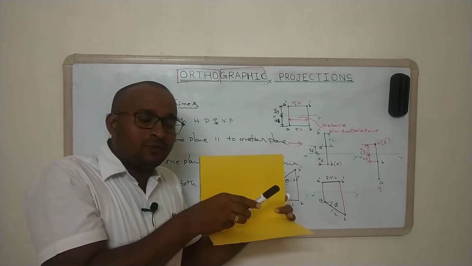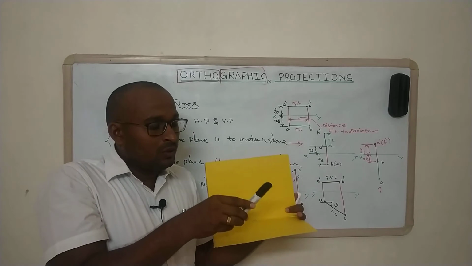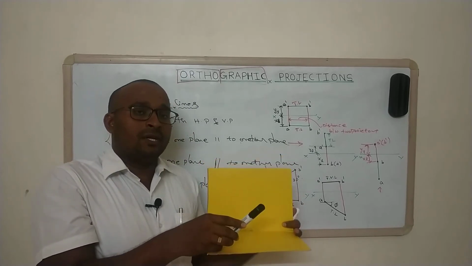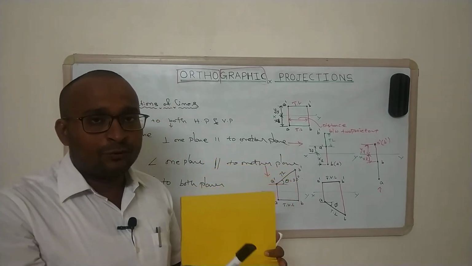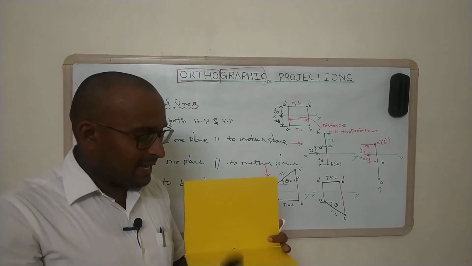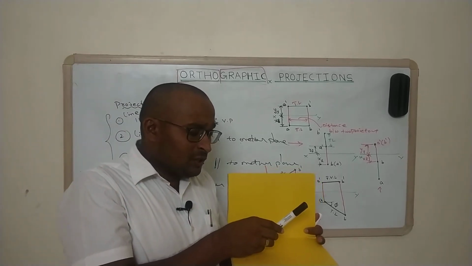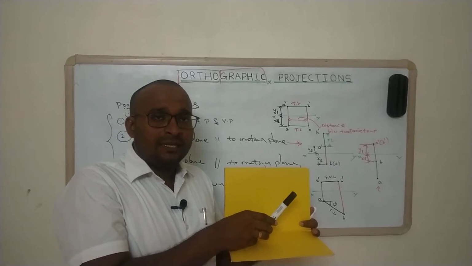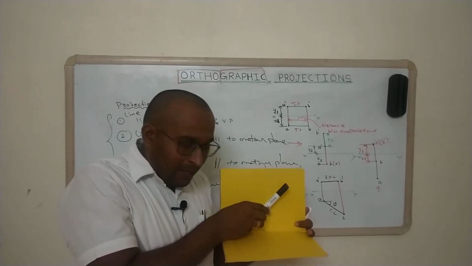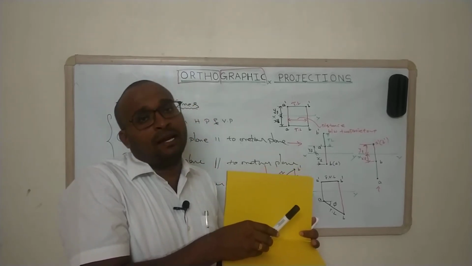On both the planes we don't get the true length. So for our convenience, we follow three steps, such as initially we must imagine that the line is parallel to one plane, inclined to the other plane.